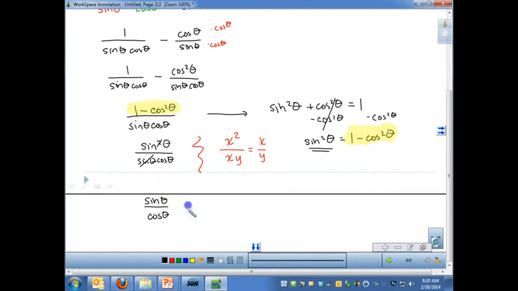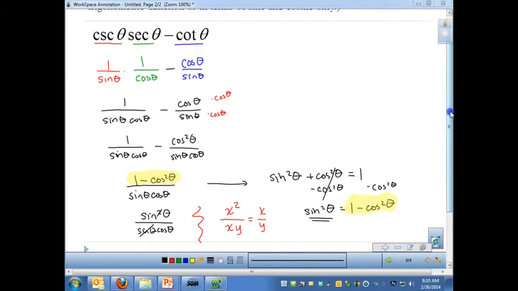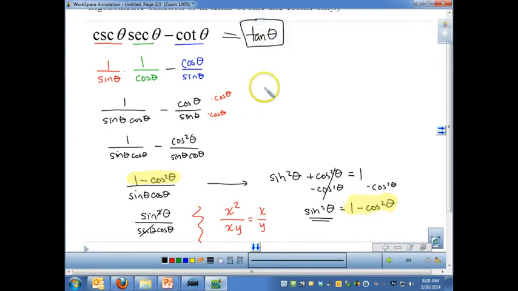And so last but not least, sine over cosine we know is equal to tangent. And that is one trig function. That's our goal, to turn something that started off like this and say that this is equal to just the tangent of theta. So this is my answer.